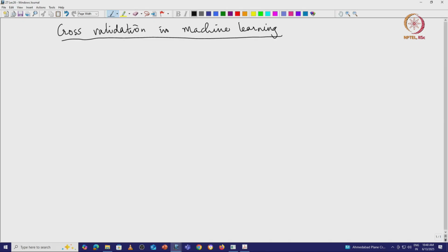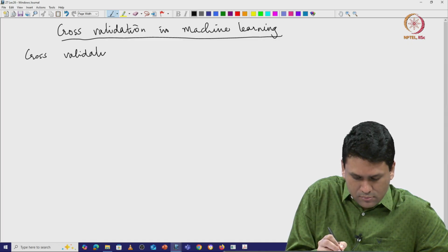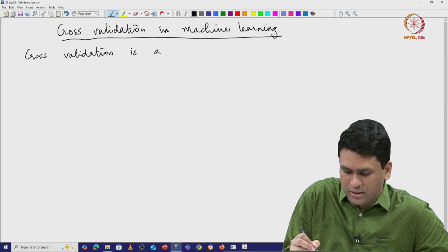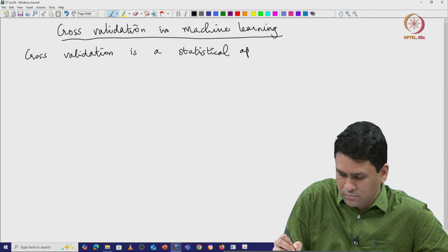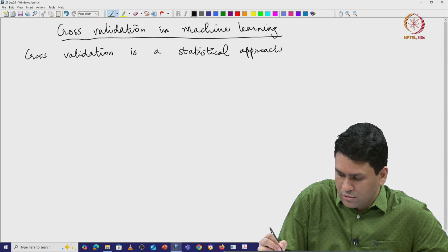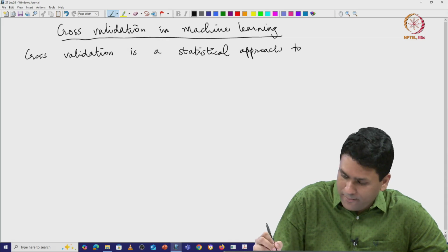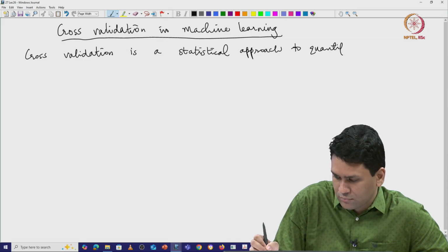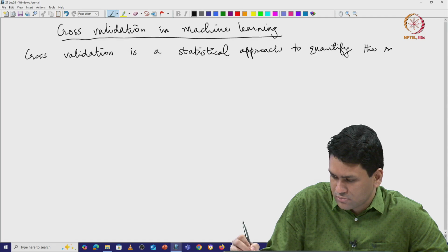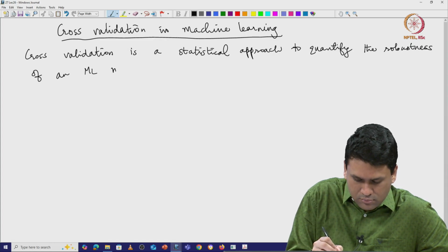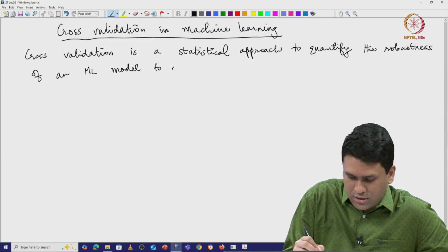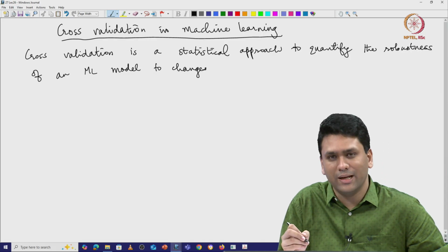And the idea is that cross validation is a statistical approach to quantify the robustness of an ML model to changes in the training data.